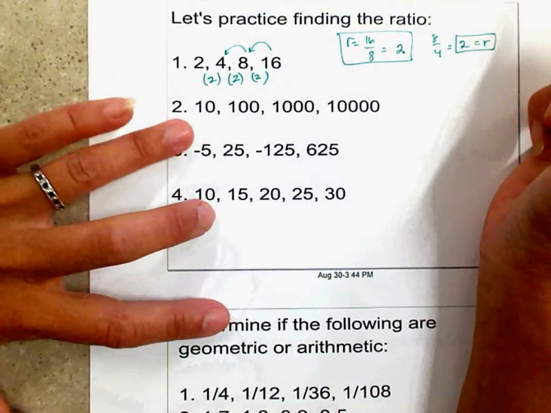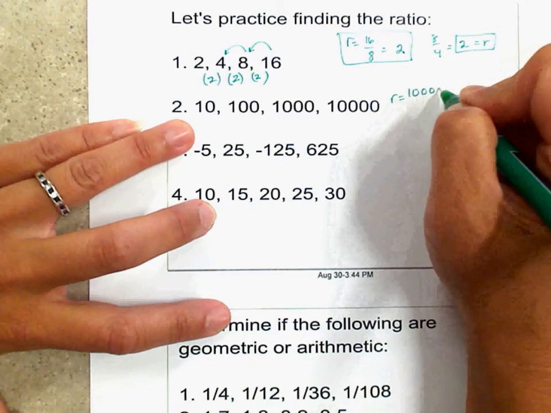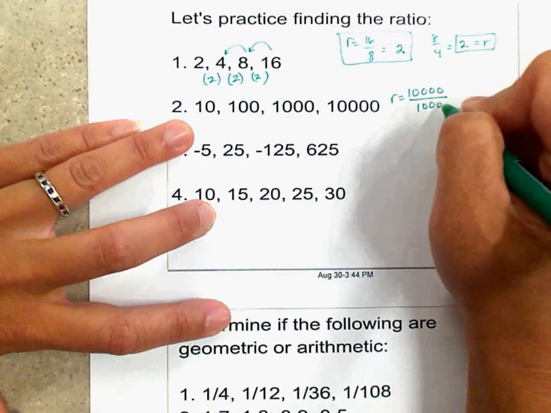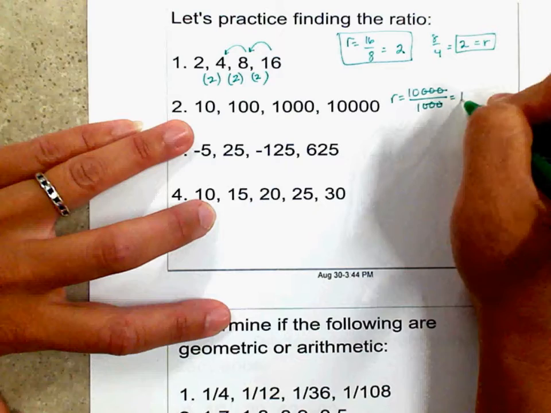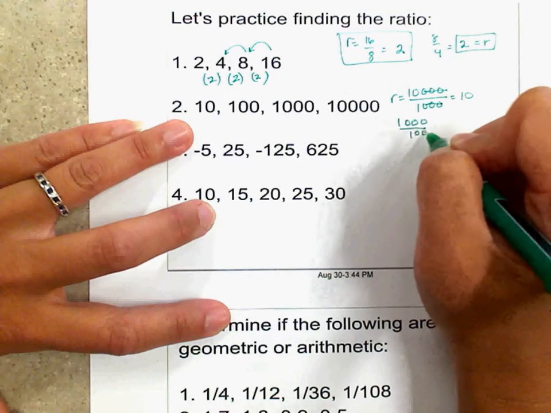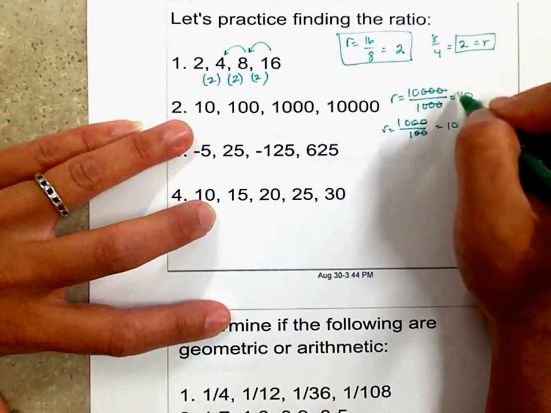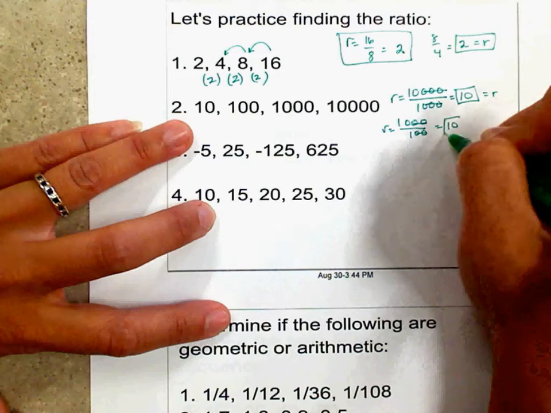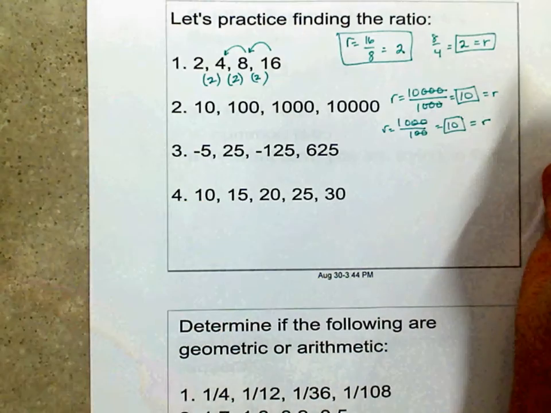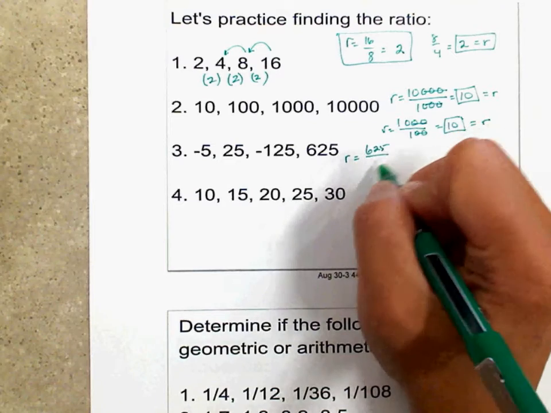Let's take a look at number 2. 10,000 divided by 1,000 is 10, okay? How about 1,000 divided by 100? That's 10. Do you see how they both have the same R? That's also geometric. Same thing right here. 625 divided by negative 125.